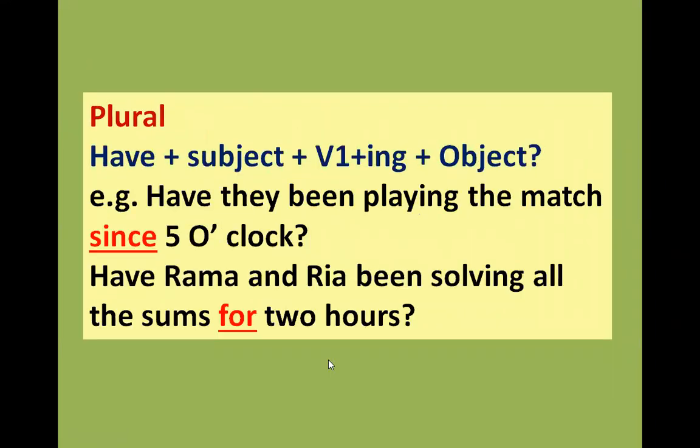And the next one, for plurals, we use have plus subject, been plus V1 ing and the object. Have they been playing the match since 5 o'clock? Have Rama and Ria been solving all the sums for 2 hours? This way you frame a sentence in present perfect continuous tense. Right, students?